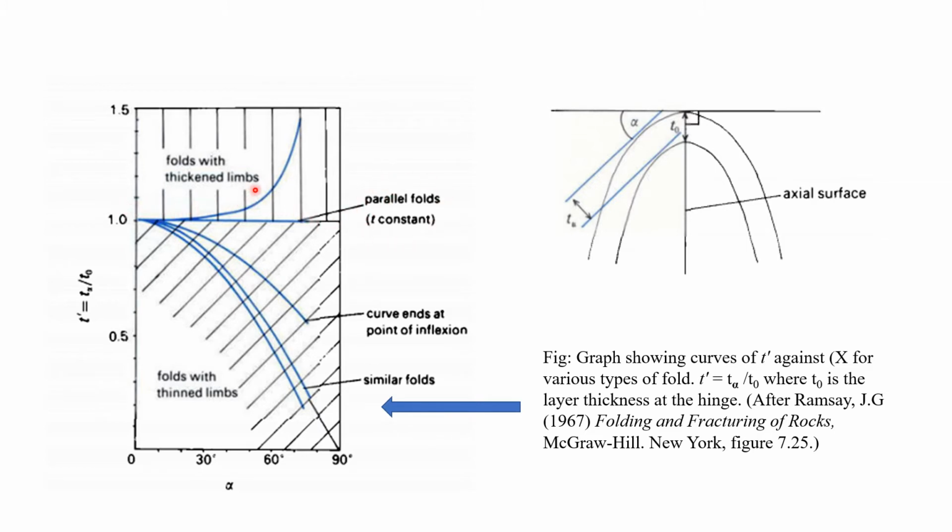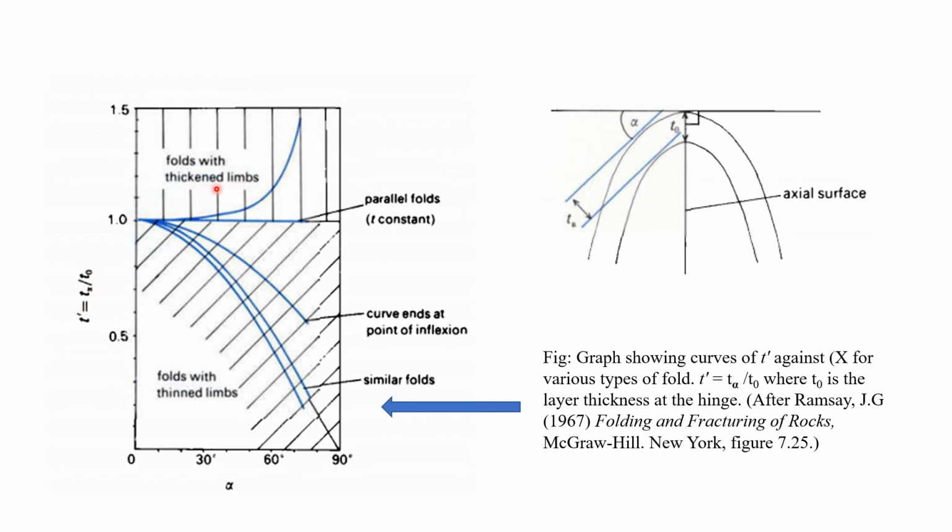Similarly, if T dash value is greater than 1, that represents that our numerator is more and denominator is less. That means hinges are thin and limbs are thicker.